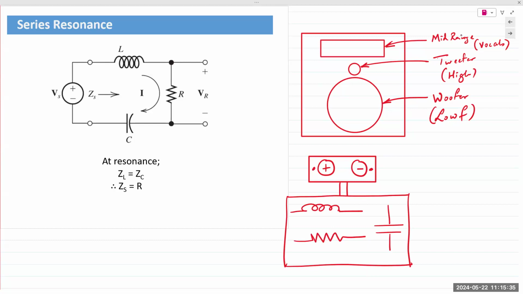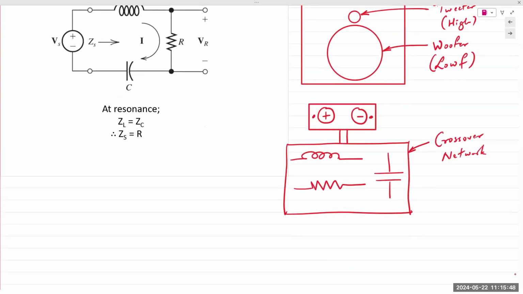This circuit is known as a crossover network, and you will see that it splits the output in three, each one of them going into each one of those speaker drivers.